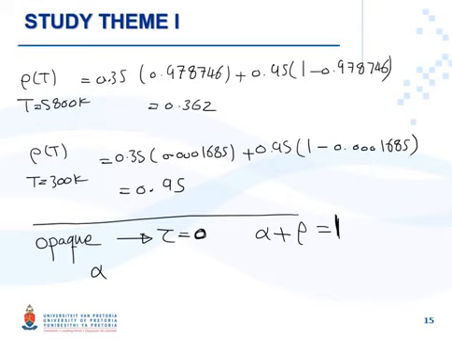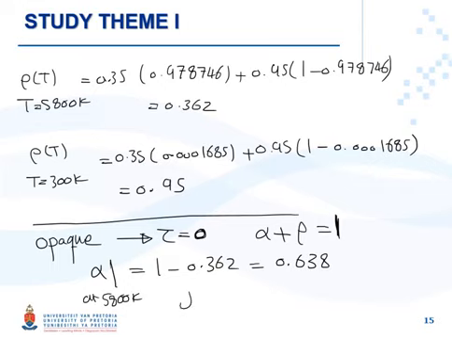So alpha at 5800 Kelvin will be equal to 1 minus 0.362, which is equal to 0.638, and alpha at 300 Kelvin is equal to 1 minus 0.95, which is equal to 0.05.